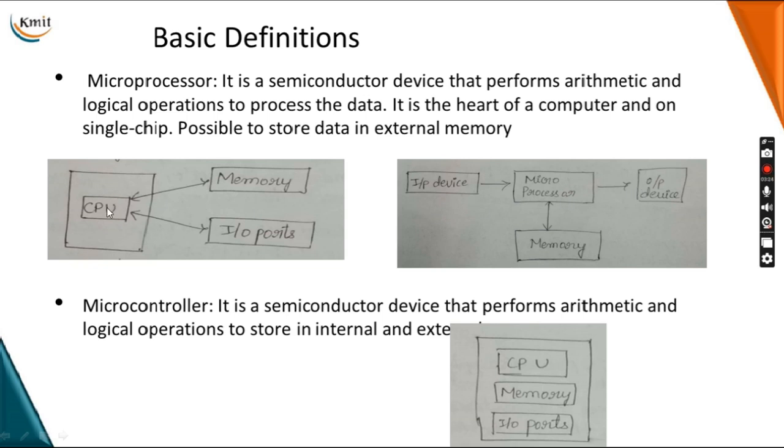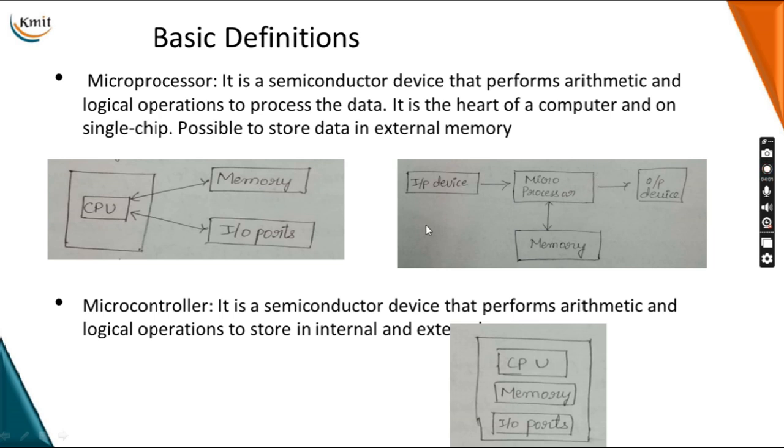So the CPU is the microprocessor, and you can connect external memory like your SD card, pen drive, hard disk, etc. We can also connect external I/O ports, that is, input or output ports. You can connect keyboard, mouse, printer, scanners, etc. So it is possible to store the data in the external memory.